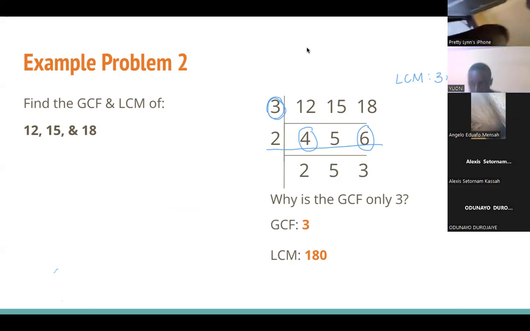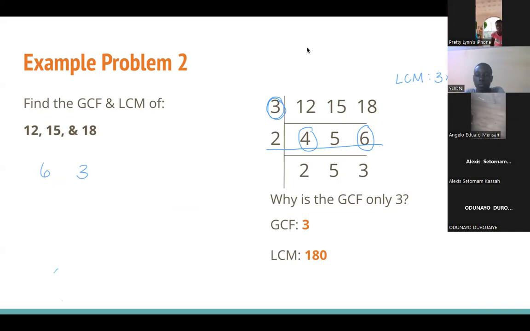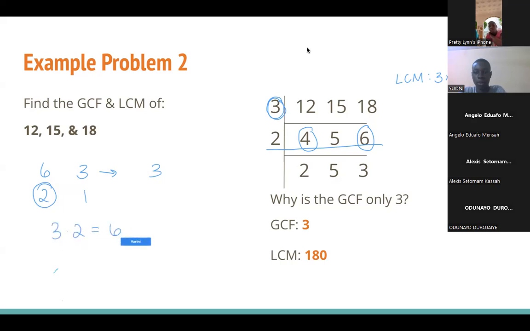So if we're looking at 6 and 3, the LCM will be the unique numbers times the common number. The common number here is going to be 3, but the unique number is going to be 2, right? Does that make sense? So you take 3, and then 6 divided by 3 is left with 2. There are no more common numbers between 2 and 1, so the answer is just going to be 3 times 2, which equals 6.